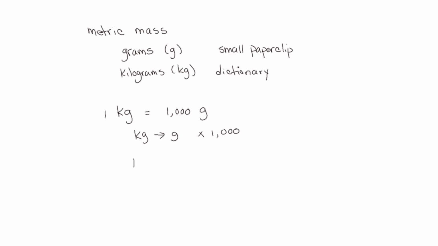So 1 kilogram would be 1,000 grams. 6 kilograms would be 6,000 grams. 10 kilograms would be 10,000 grams. And so forth. Let's use this to solve an addition problem.